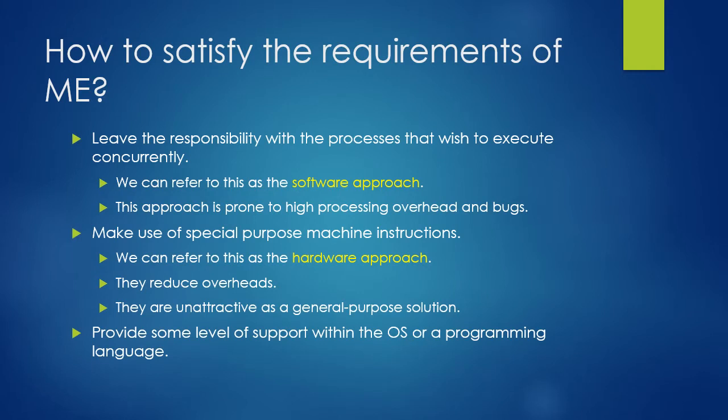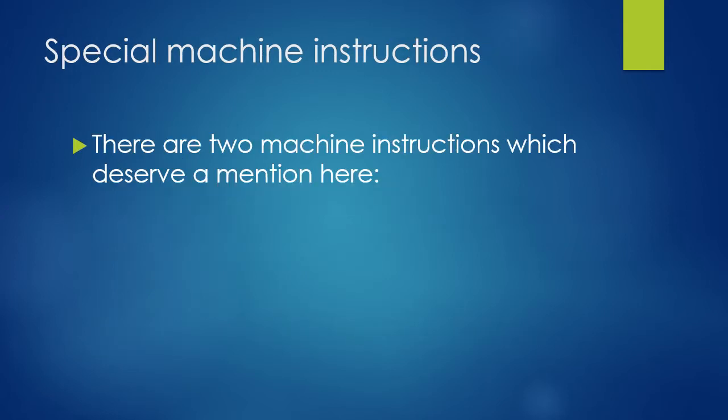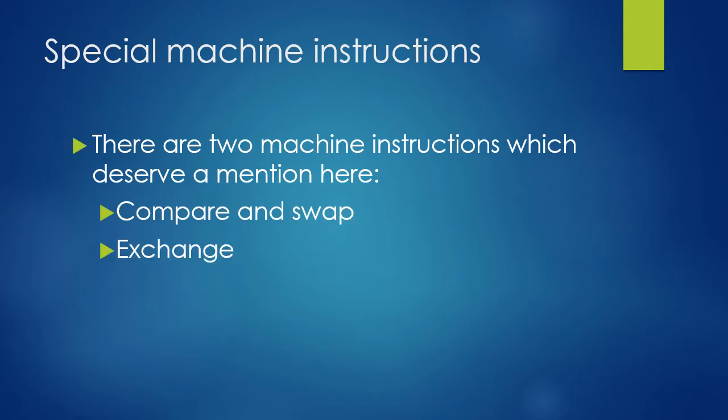A third approach is to provide some level of support within the operating system or a programming language. We will examine the last two approaches in this chapter. Two machine instructions deserve a mention here. One is called the compare and swap instruction, and the other is called the exchange instruction.